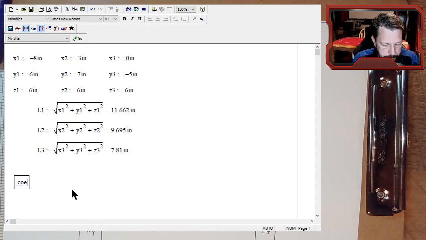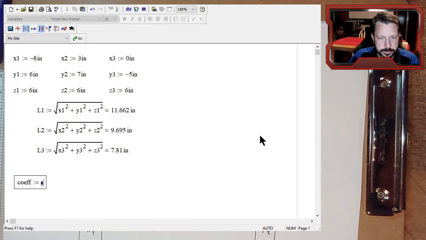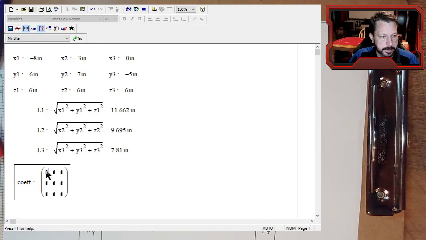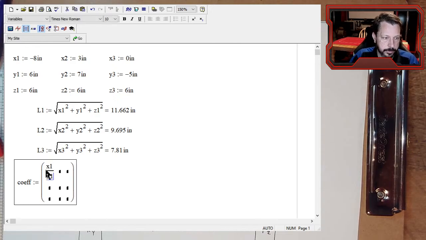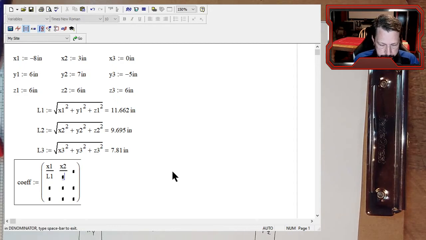So here's my coefficient matrix. It's going to be a 3 by 3. In this first position, I'm going to have the cosine of theta x1, which is defined to be x1 over L1. So that number is the cosine of theta x1. Now we've got x2 over L2, and x3 over L3.